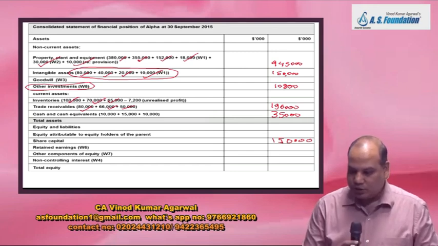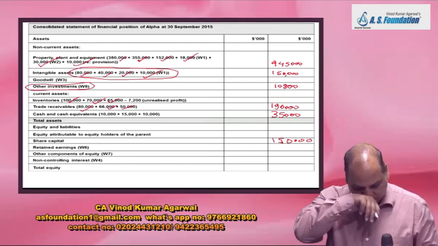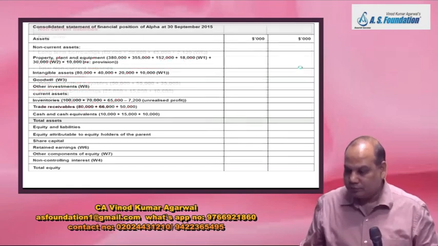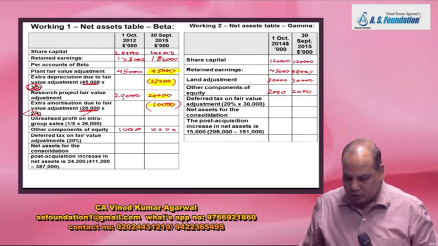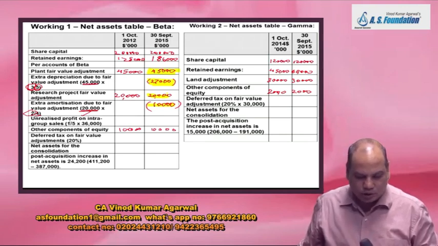Intra-group sale of inventory. This time who has sold? Beta. So come to Beta's 30th September 2015 column. What is the sale made to Alpha? 20 million and to Gamma 16.